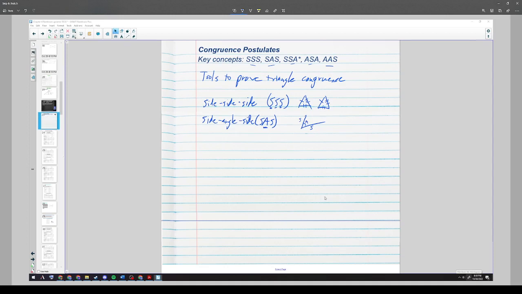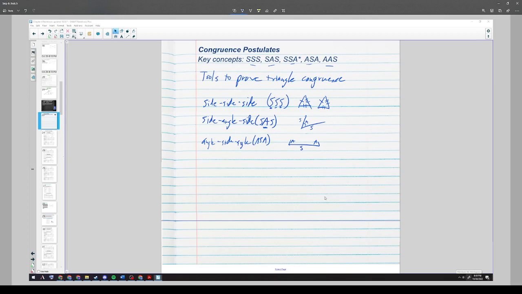Then we have angle, side, angle. ASA. So for that one, we have angle, angle, and then the side between them. So they're included side. Those three things are congruent, then we're good.